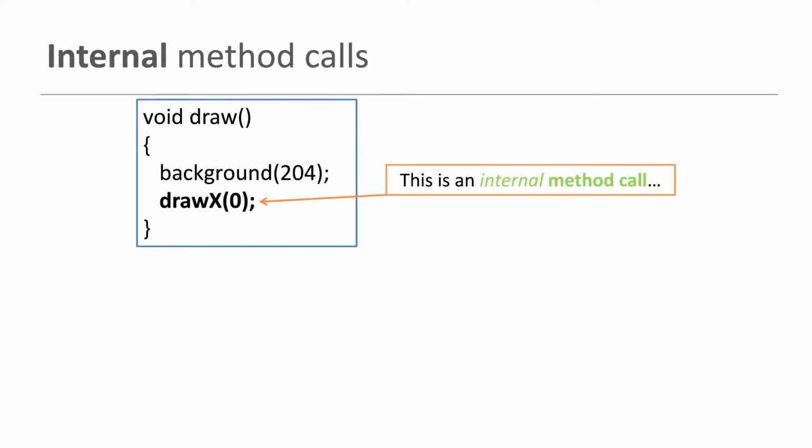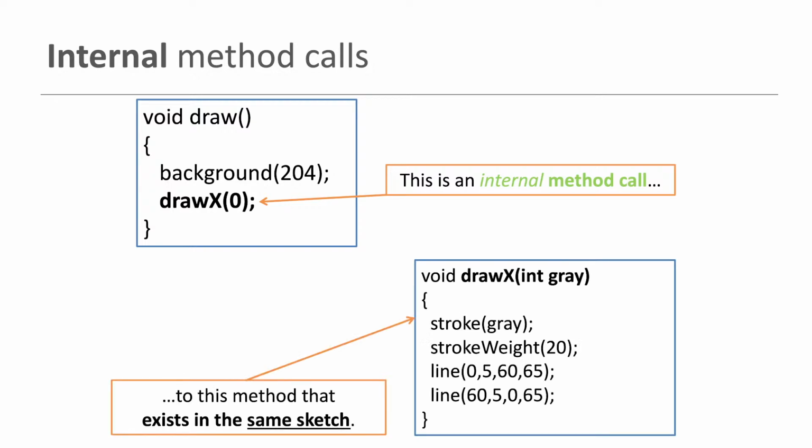Here's an internal method call. When you call a method, what you've been doing today and all week, drawX, passing in 0, you're calling a method that is already in the same file. It's already in the same sketch. So the method call invokes the method definition.